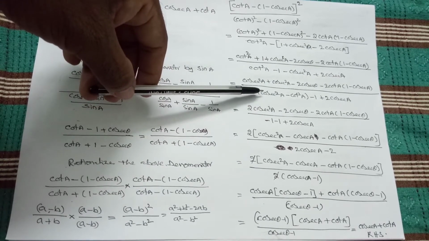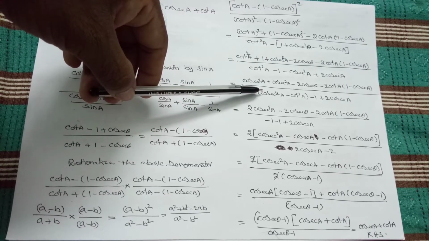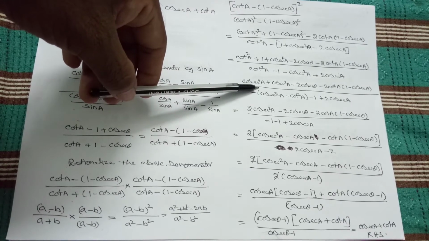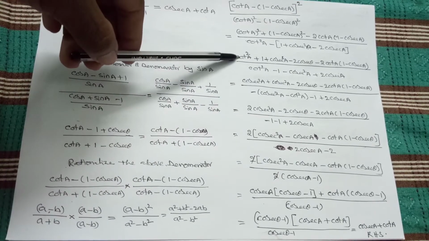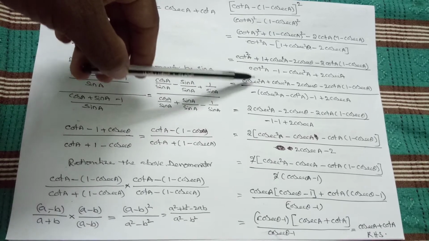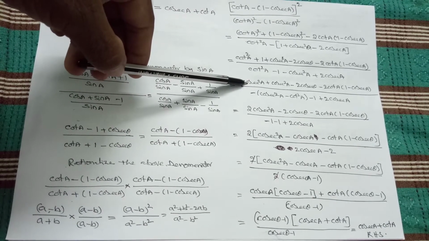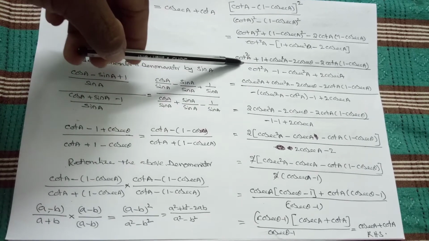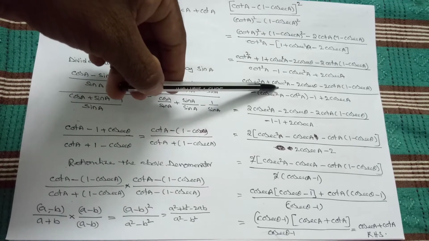Now from the numerator, here we have cosecant square theta plus cosecant square theta, because cot square theta plus 1 can be written as cosecant square theta. So we are using these two terms to convert into cosecant square theta and cosecant square theta.